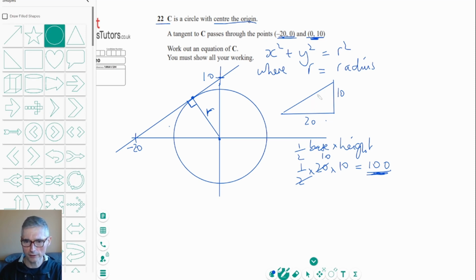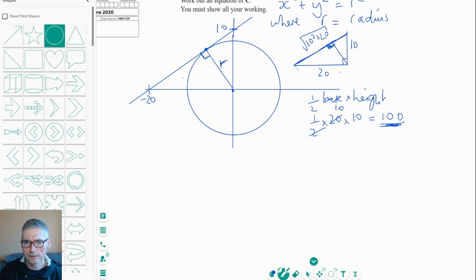And we could then look at it from a different perspective. We know that this distance here is the radius, and we know that's 90 degrees. So if we use Pythagoras first of all in this triangle to find this length, that would be the base of the triangle if we looked at it from another orientation. By Pythagoras, this length here would be the square root of the other two sides squared and added. So that's 10 squared plus 20 squared.